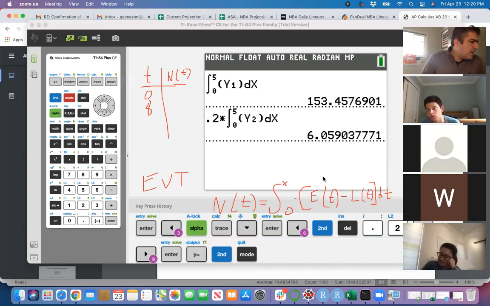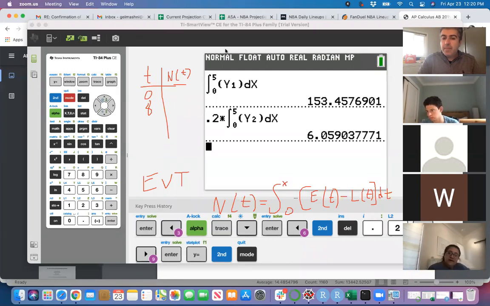I'm pretty sure I have that set up correctly. I'm calling N the number of fish. They use A of t in the problem, and actually I should call it x, but it's okay.